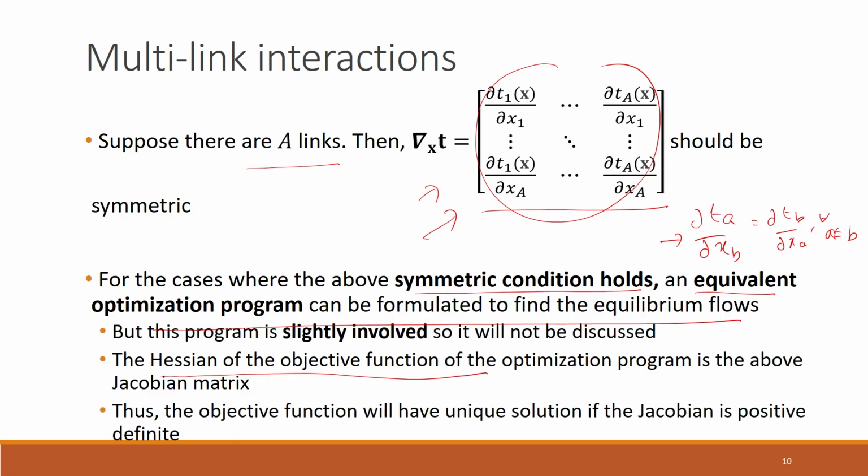Now we can argue that this objective function of the optimization formulation will have a unique solution if the Hessian matrix of this objective function is positive definite. So this we have been doing several times. We had done it for the case when there were two link interactions, and now we are saying it for the multi-link interactions here.